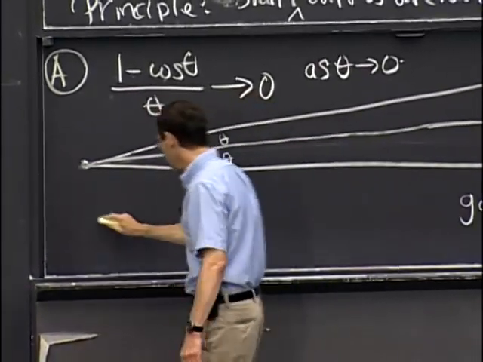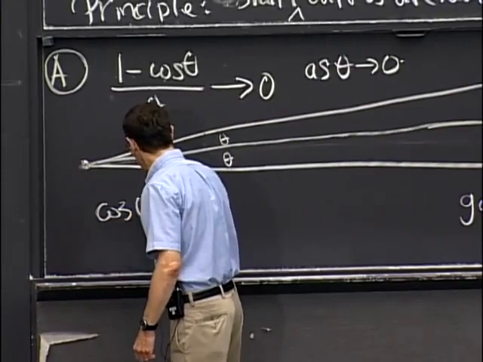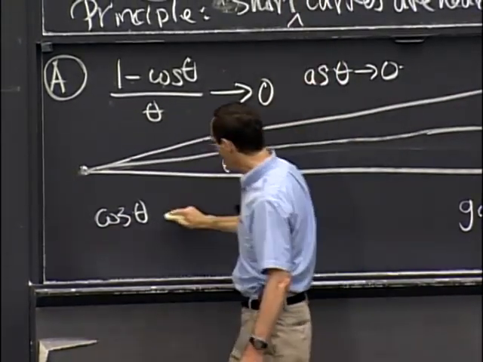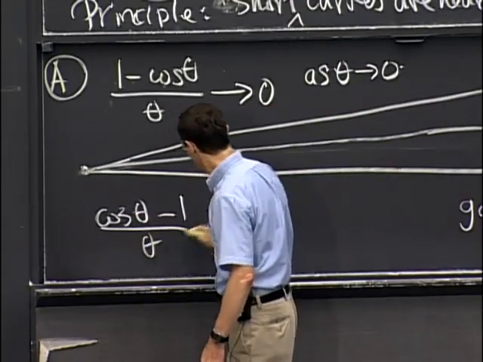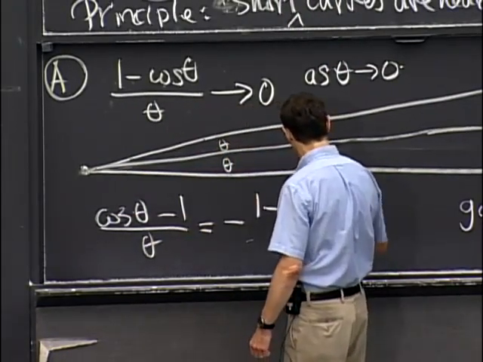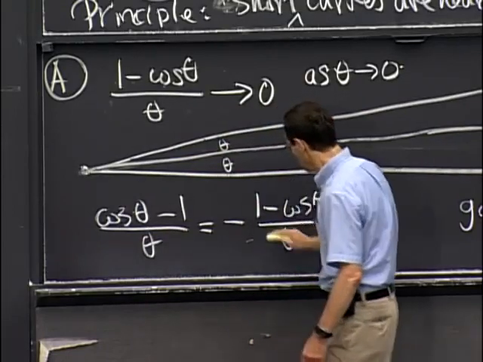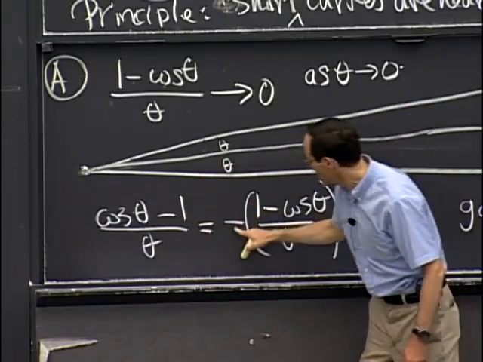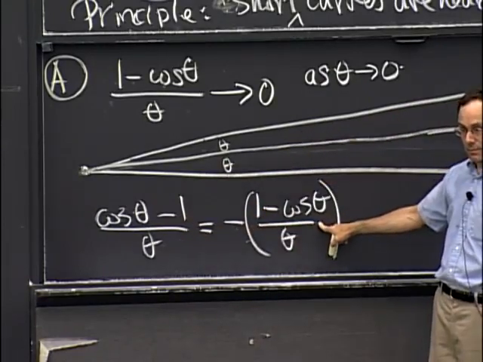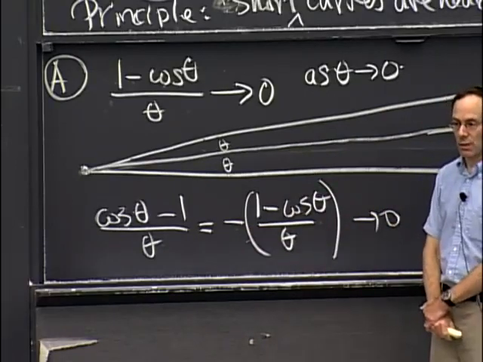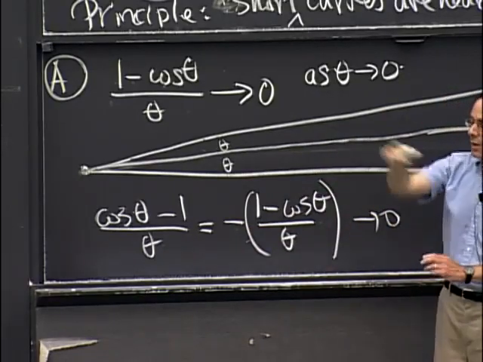That is cosine theta. I replaced theta by delta x, but then I wrote this thing. So cosine minus theta minus 1 is the negative of this. All right? And if I show that this goes to 0, it's the same as showing the other one goes to 0. Another question.